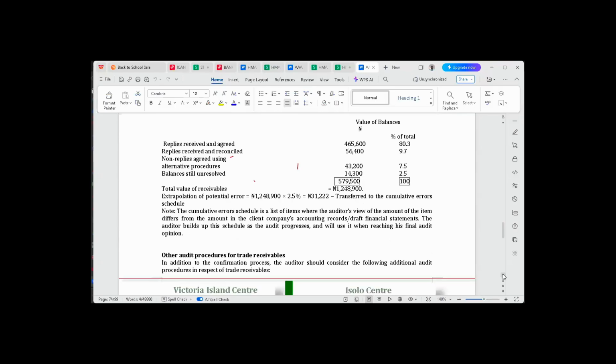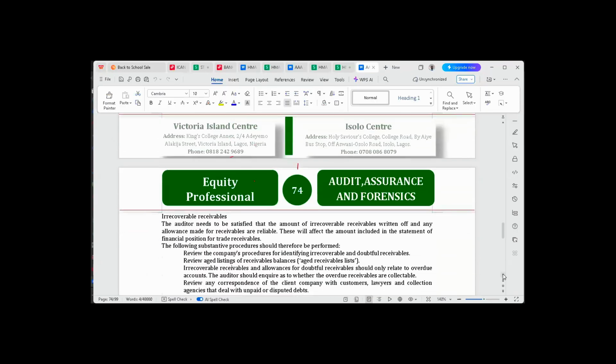Okay. Let's look at other audit procedures that can be performed. Those were the main ones. What are the other audit procedures that the auditor can perform for trade receivables? The auditor needs to verify and review the company's policy for irrecoverable or doubtful receivables.